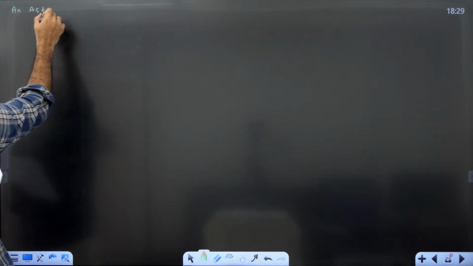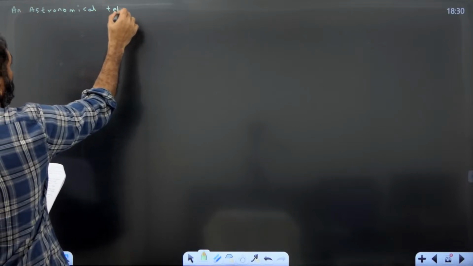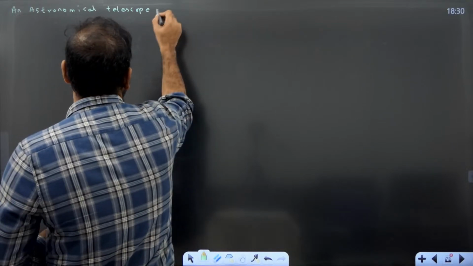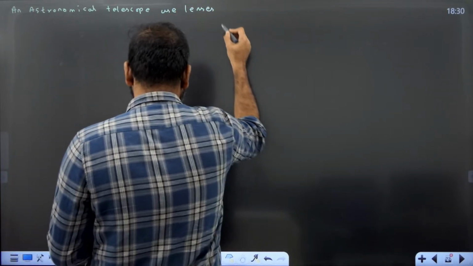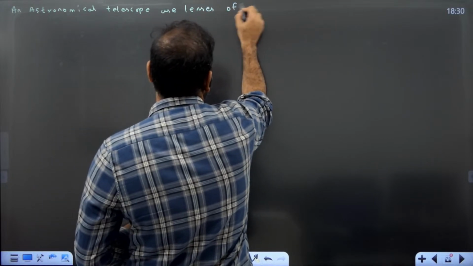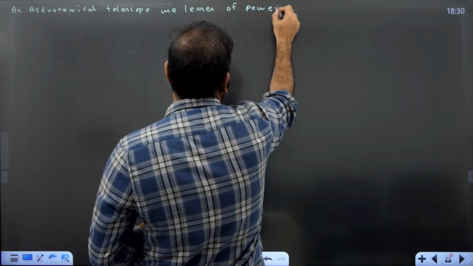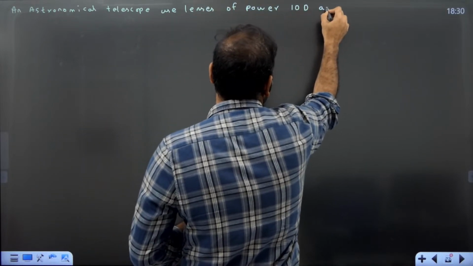An astronomical telescope uses lenses of power 10D and 1D.